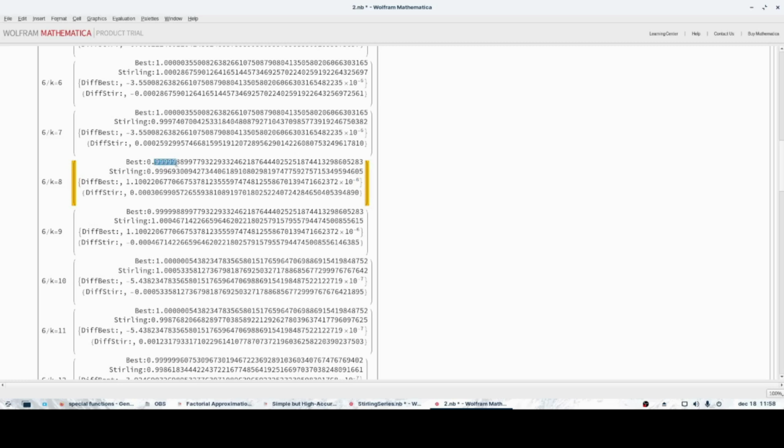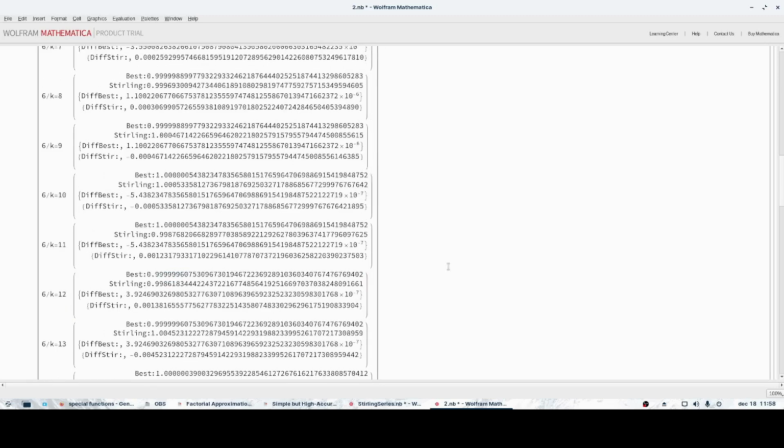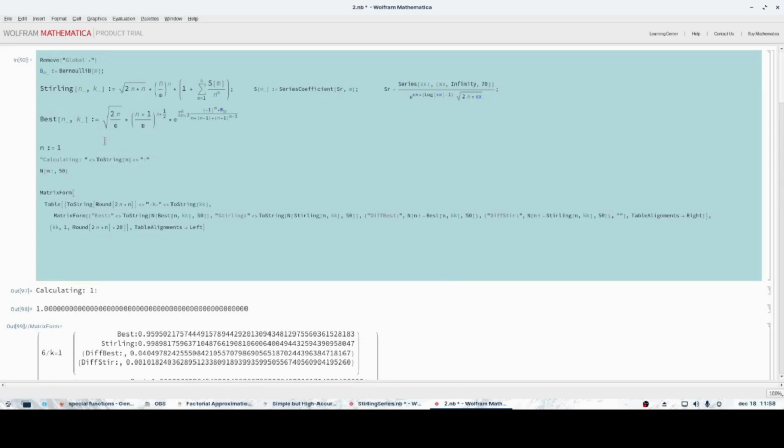So 5 decimals is okay, and then the following are bad. And here is even better, it's 6 decimal places. 1, 2, 3, 6 zeros are here. Okay, this was the 1 factorial, it's not a big deal.